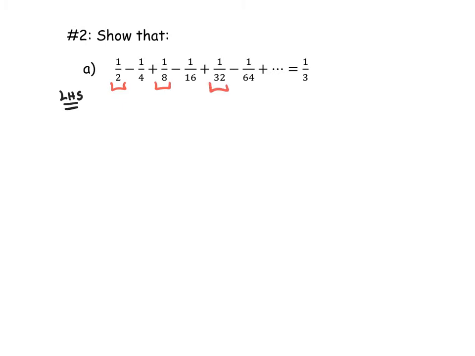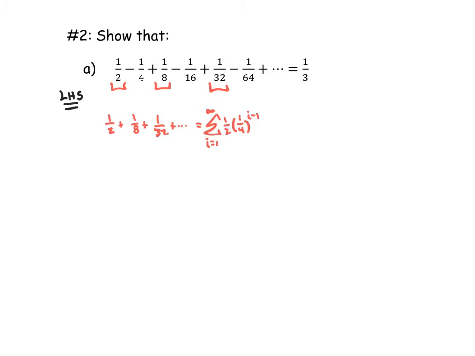So the way to do a problem like this is to take, in this case, the positive terms, which we can see: 1/2 plus 1/8 plus 1/32, added in an infinite way, would fit the summation model 1/2 times 1/4 to the i minus 1.